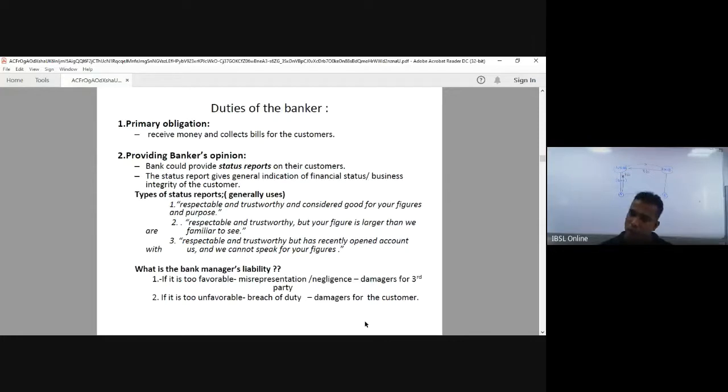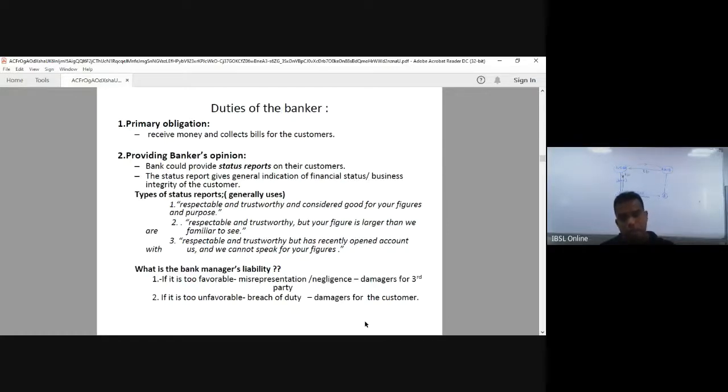So he is not a defaulter, but he has recently opened an account with us. So therefore, we cannot speak about the figure. We don't have enough information on his business. So therefore, we can't make any opinion. We can't give an opinion about the business. So that is the third type of opinion.